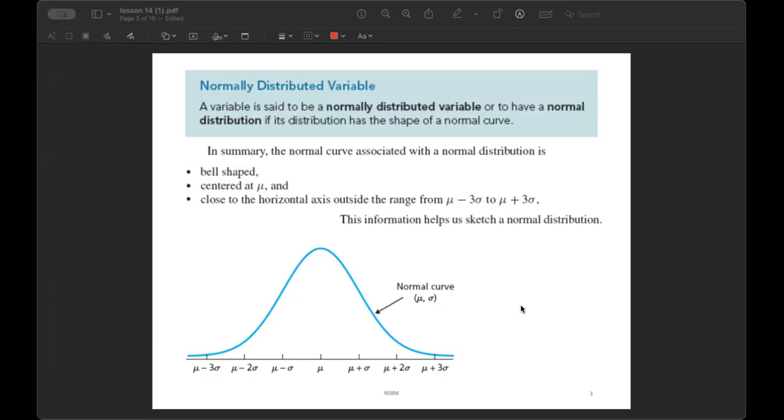Is it clear? So a normal distribution looks somewhat like that.